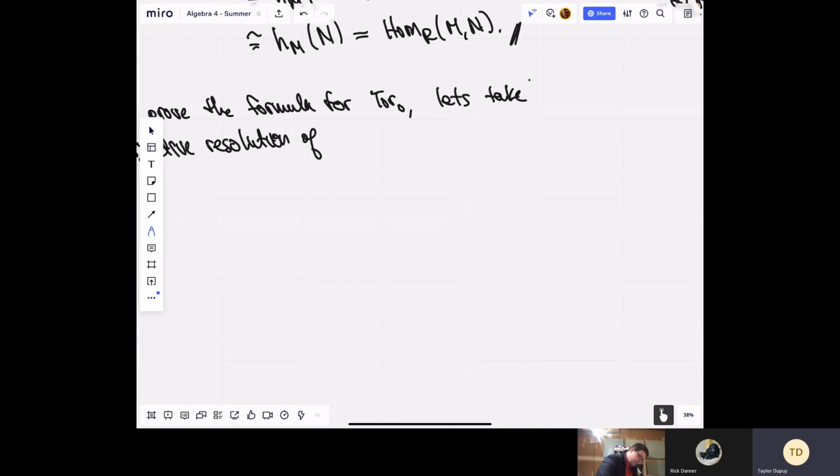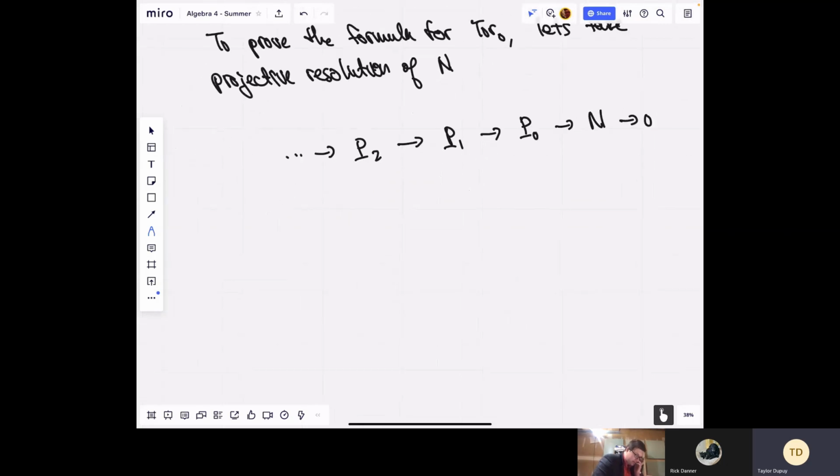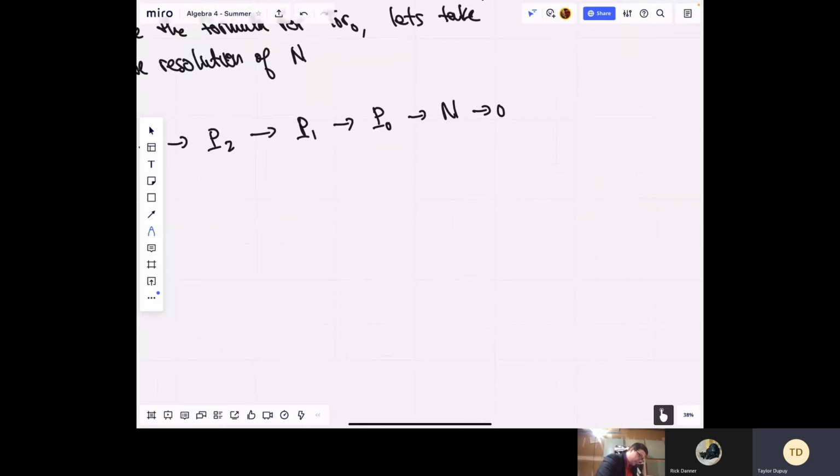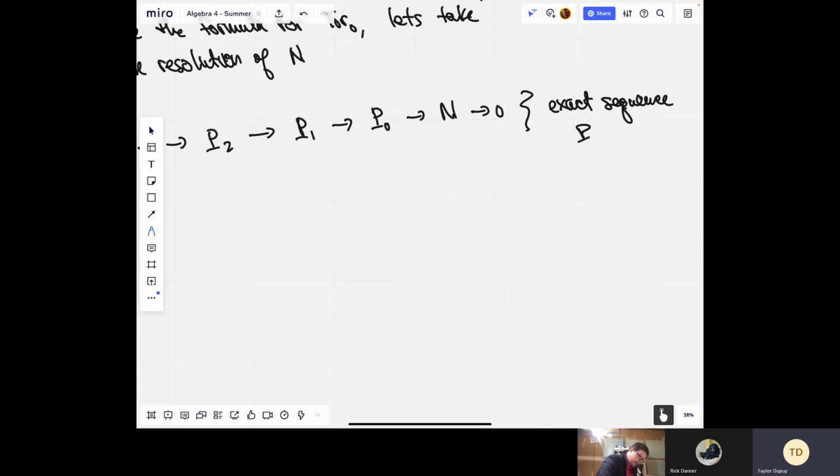Okay, so again, there are two ways of thinking about it. You can think of it as an exact sequence where these are all projectives, or you can think of it as a morphism of complexes. So this is an exact sequence, and the Pi are projective. Then the complex really stops here.